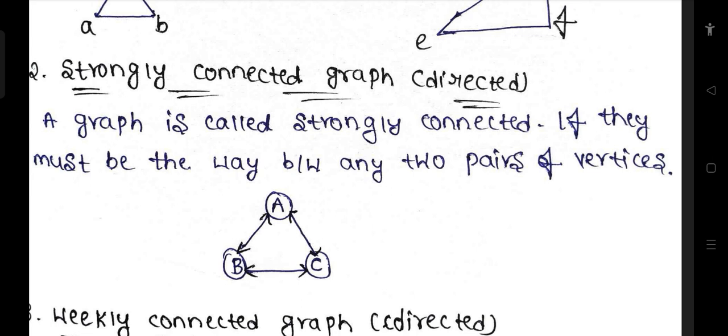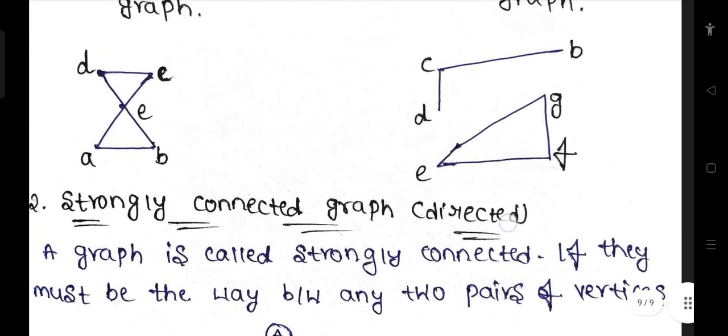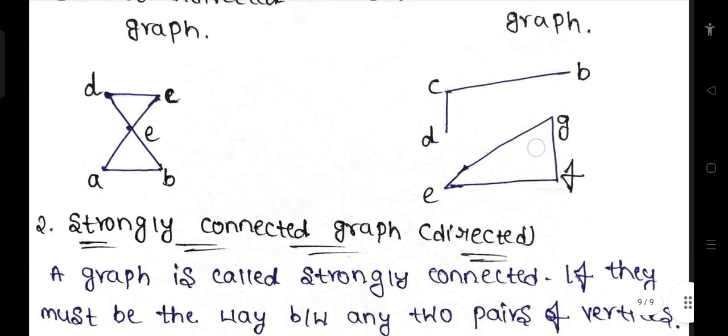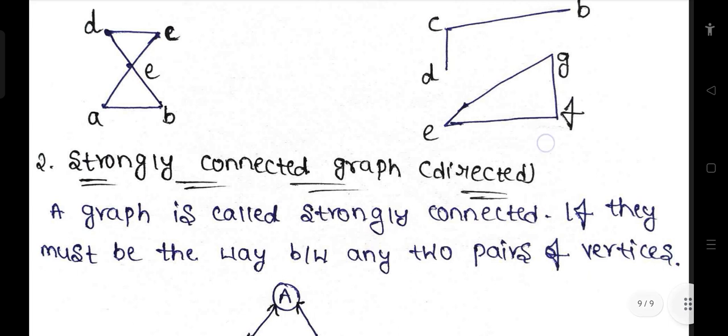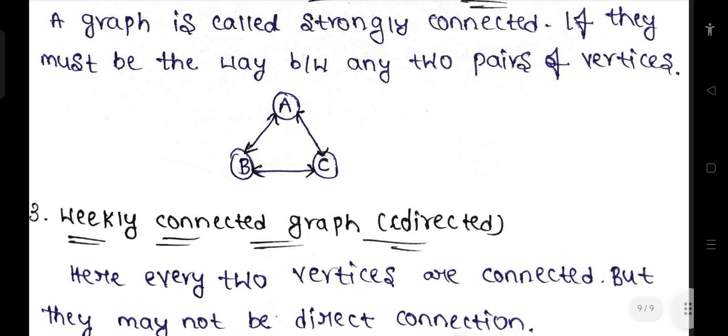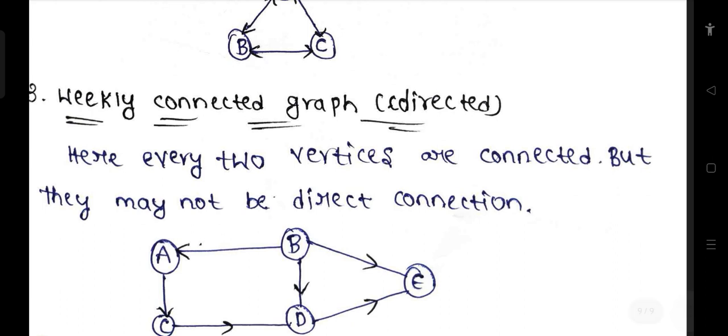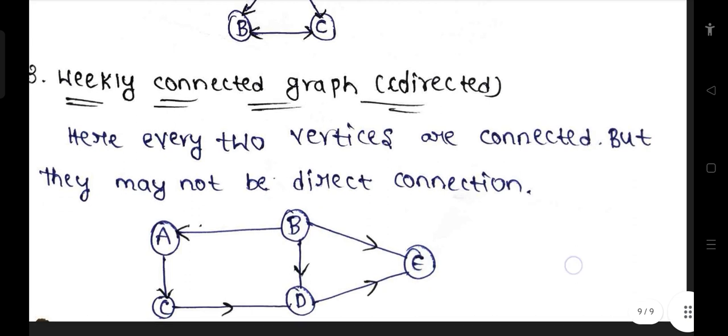A graph is called strongly connected if there must be a way between any two vertices. Whereas in the other definition, it is every pair of vertices, not just any two. So once check that definition. And weakly connected graphs: here two vertices are connected but they may not be in direct connection.